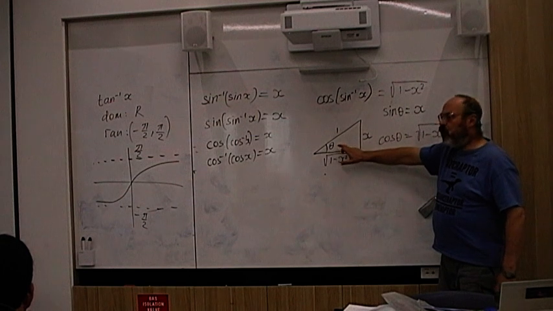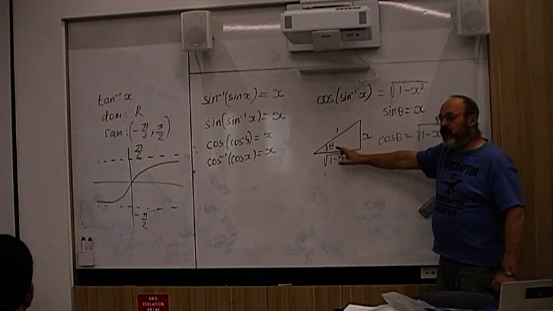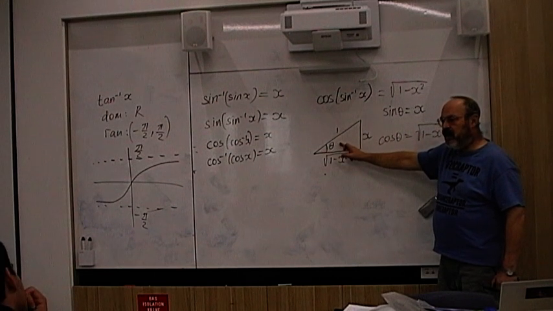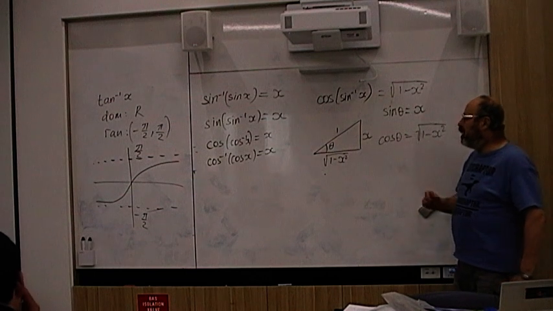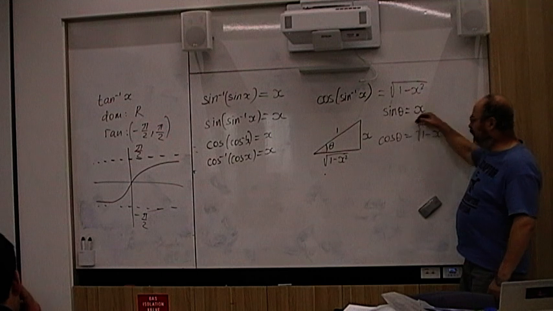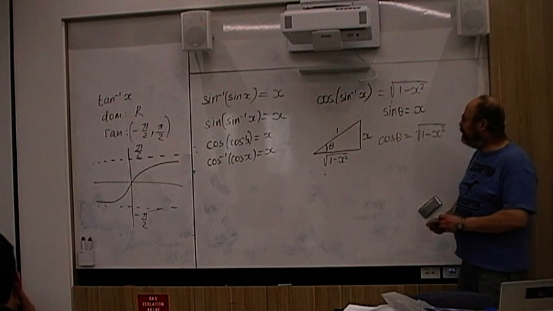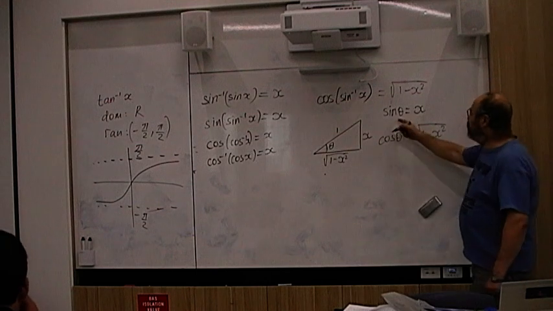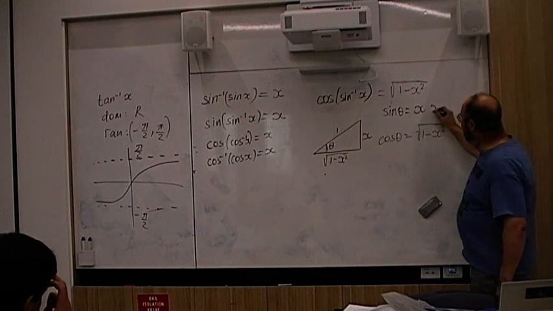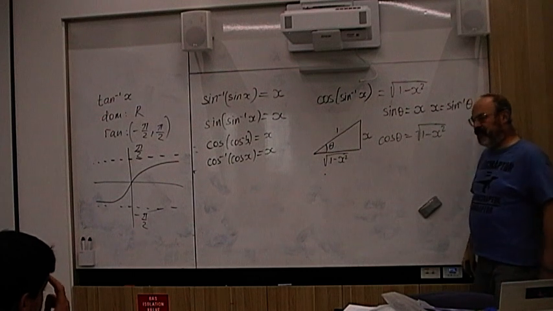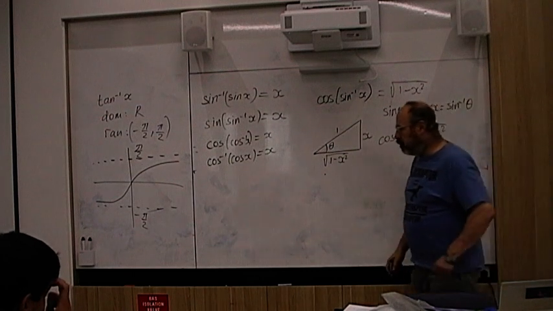We're looking for cos of angle theta, right? Let's say this angle is theta. What is sine of theta? x. If sine theta equals x, then x equals sine inverse of theta.